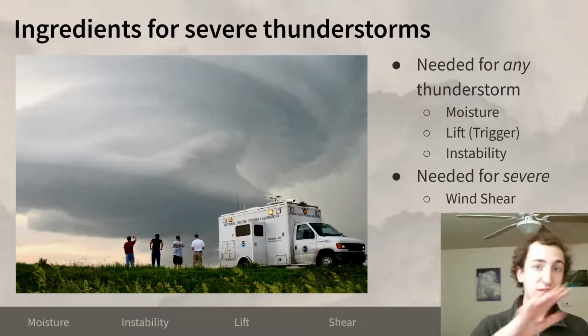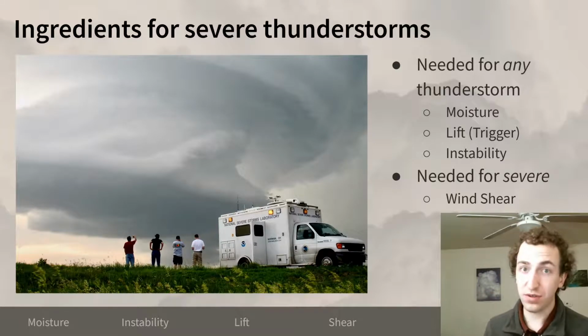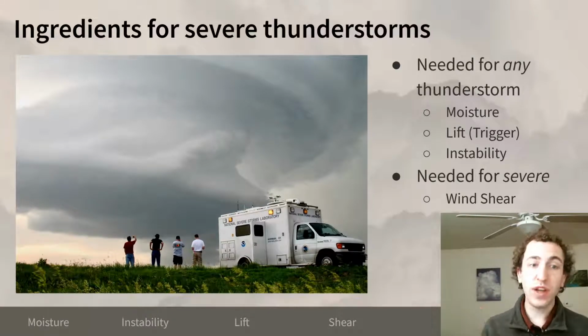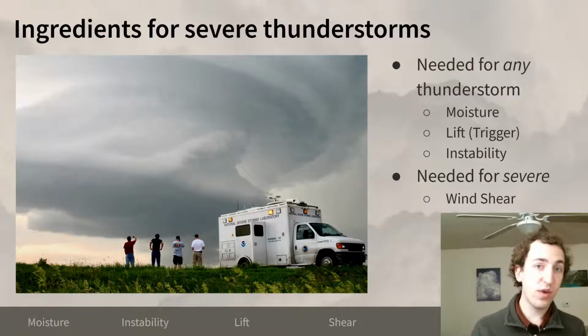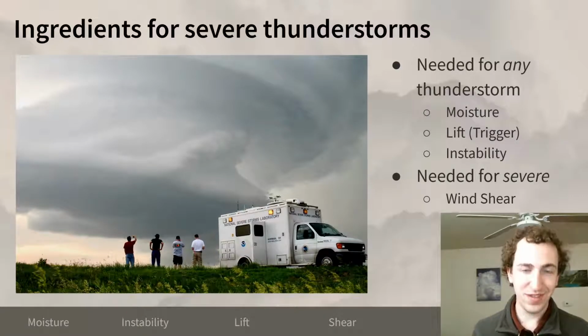We can split them up sort of 3 and 1 into the ingredients that any thunderstorm really needs. And those are moisture, some sort of lift or a trigger mechanism, as well as instability. And particularly what we need for severe storms is wind shear. We'll be going into all four of those in the rest of this video.